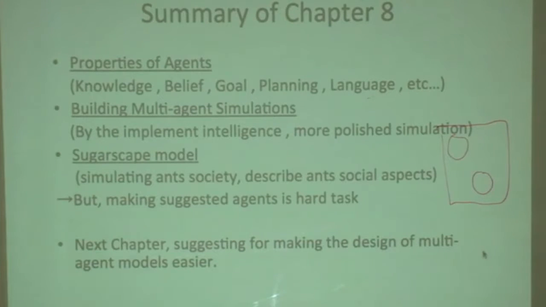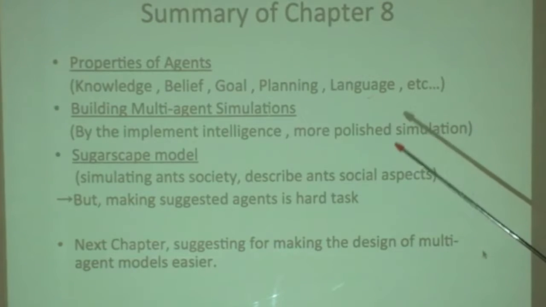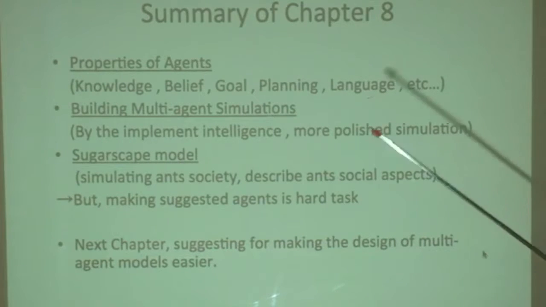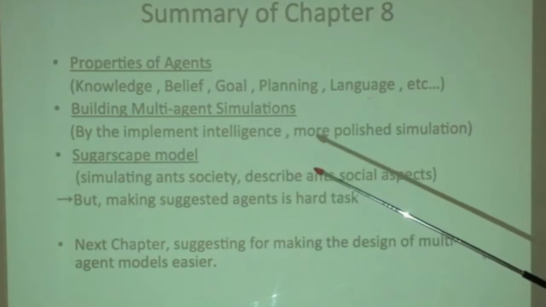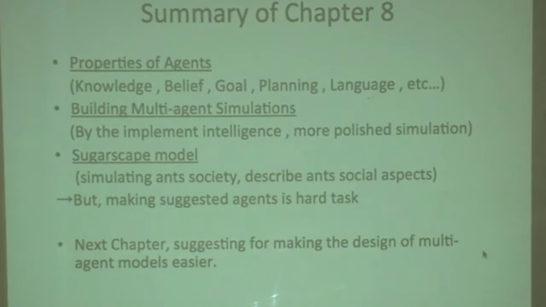So the summary of chapter 8: Mr. Ozaki talked about the properties of agents with knowledge graphs, goal planning language, etc. And Mr. Ota talked about building multi-agent simulation by implementing intelligence, for more polished simulation.